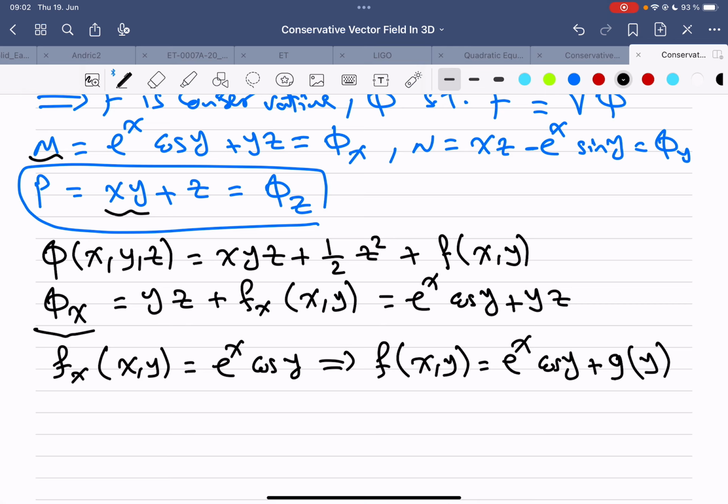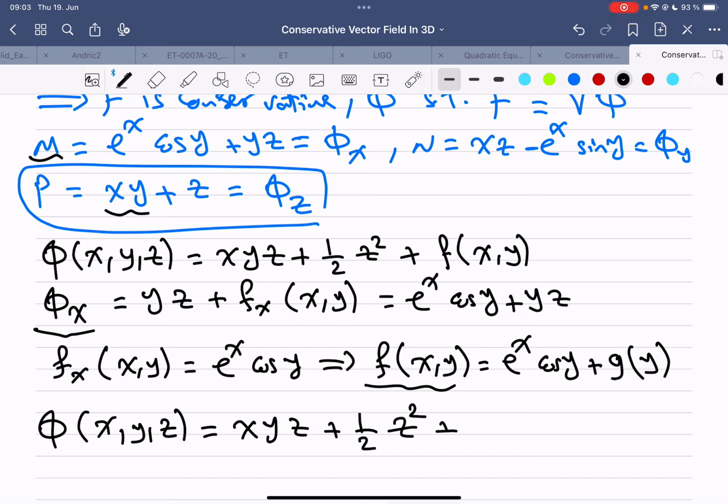Now, if we substitute f of x y here, phi x y z will be xyz plus half z square plus e to the power x cosine y plus g of y.